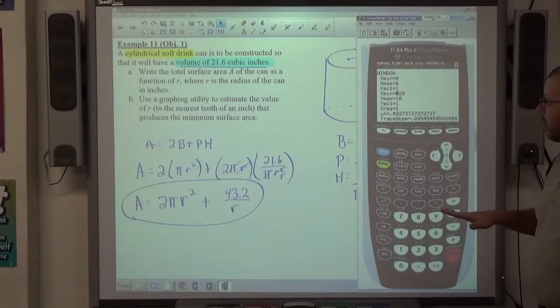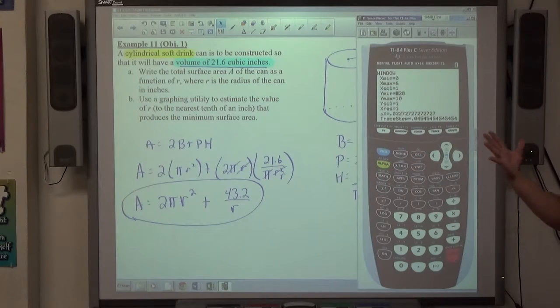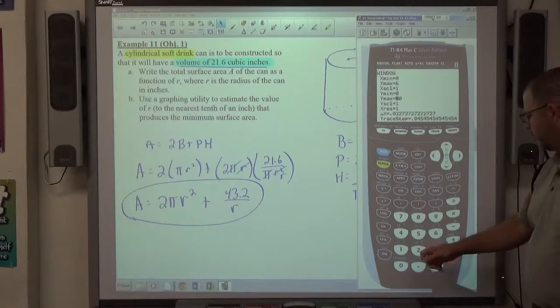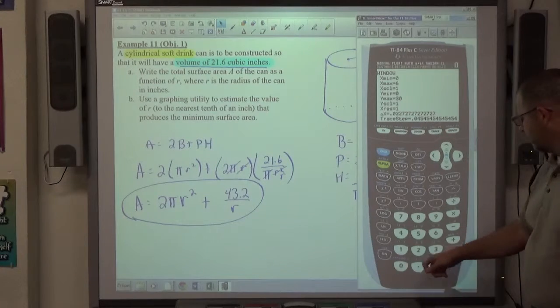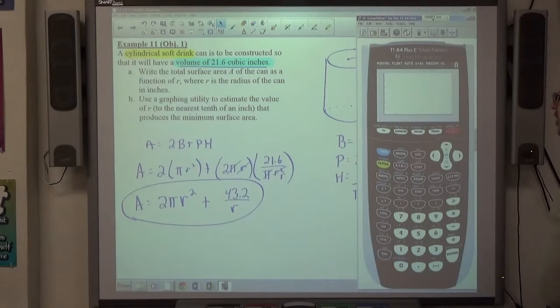As far as the y min and max, we're talking about surface area here. 0 would be the bottom, and maybe let's go 30. Hit graph. As long as you can see the bottom of the graph, you're in good shape, since we're looking for a minimum. Did I hit graph? It only graphs on the other side. Let me check the entry: 2 pi x squared plus 43.2 over x.